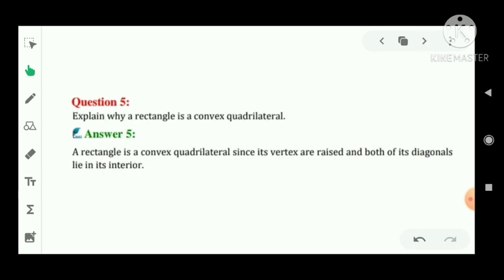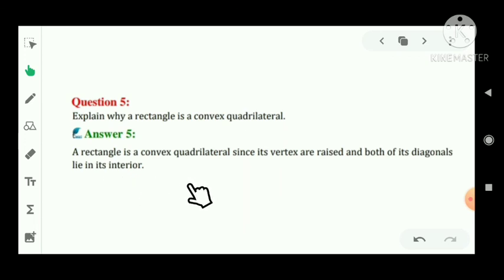Let's see the next question. Explain why a rectangle is a convex quadrilateral. So, students, the answer will be that a rectangle is a convex quadrilateral if its vertices are raised and both of its diagonals lie in its interior.